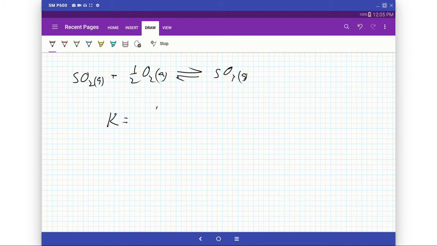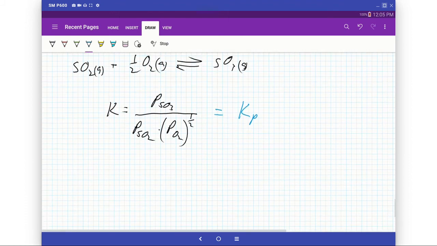It would be the pressure of SO3 divided by the pressure of SO2 times the pressure of oxygen. Now everything is raised to the stoichiometric coefficients, which means that oxygen is to the power of 1/2. And this happens to be equal to Kp. Everything is a gas, everything is reported in pressure units, so it is Kp.